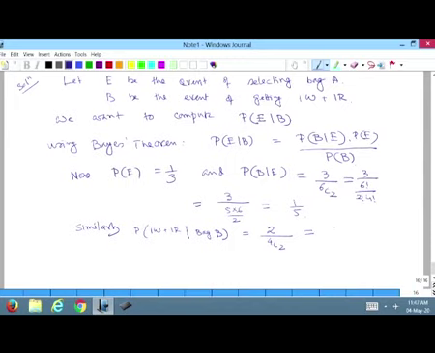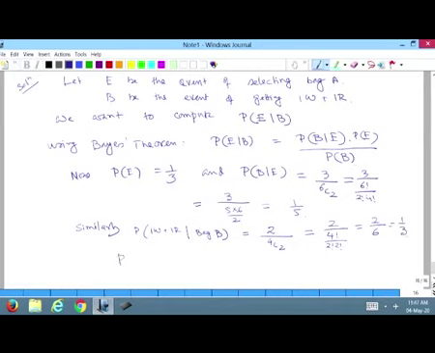Therefore, the answer is 2 upon 4 factorial by 2 factorial 2 factorial, which is equal to 2 upon 6, which is equal to 1 upon 3.